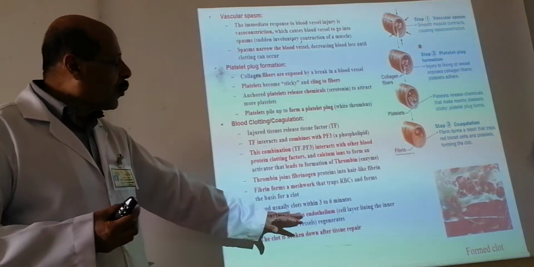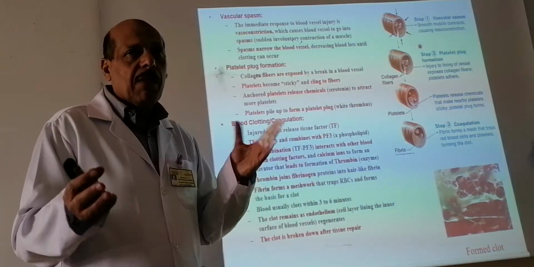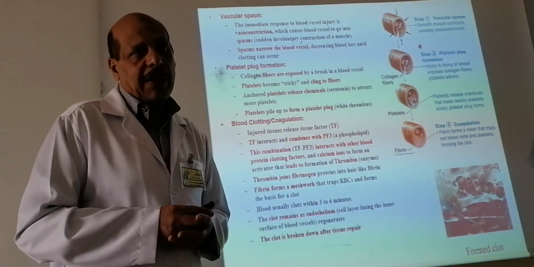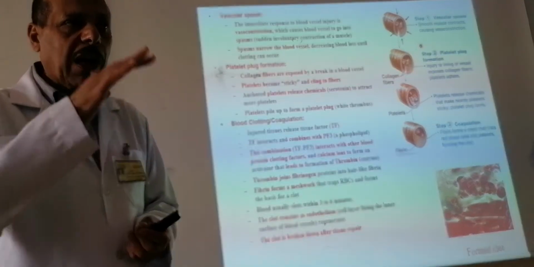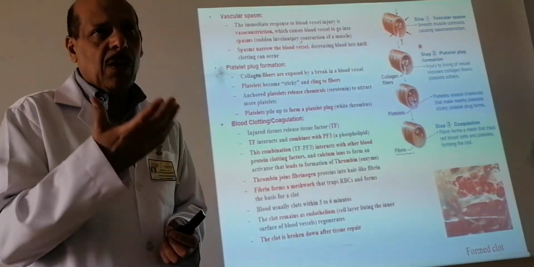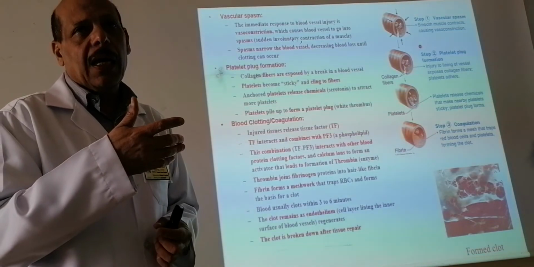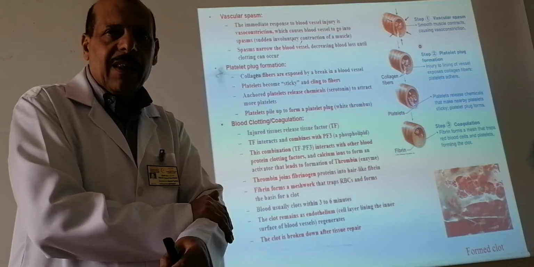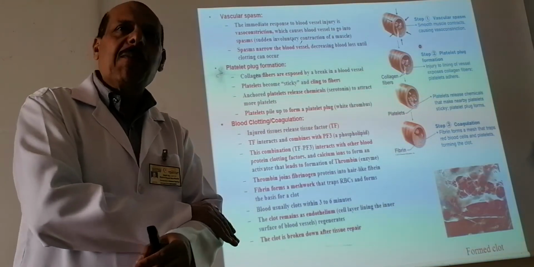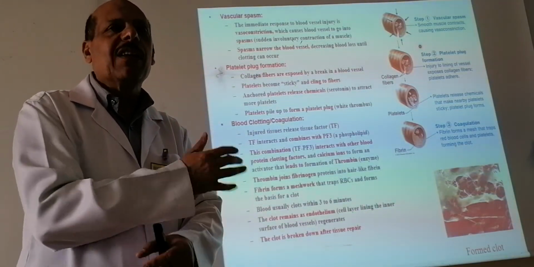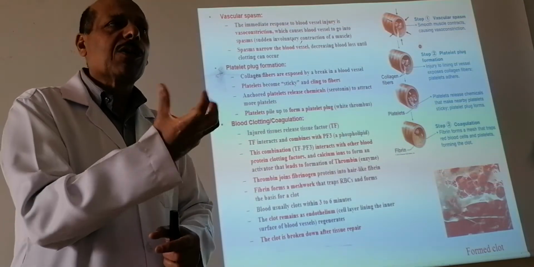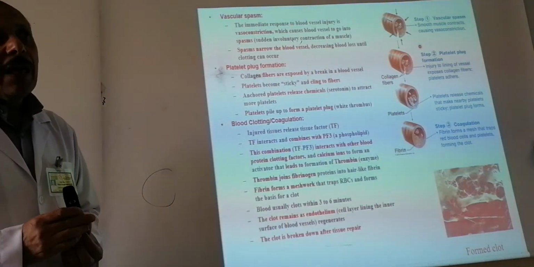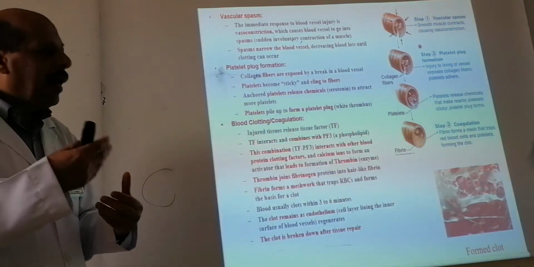Blood usually clots within the clotting time, which is from 3 to 6 minutes. Because of that, in order to help the normal physiology, when there is any bleeding, we have to do compression over that. That compression helps in preventing the blood from coming out, also helps in the spasm, and helps in the clotting.